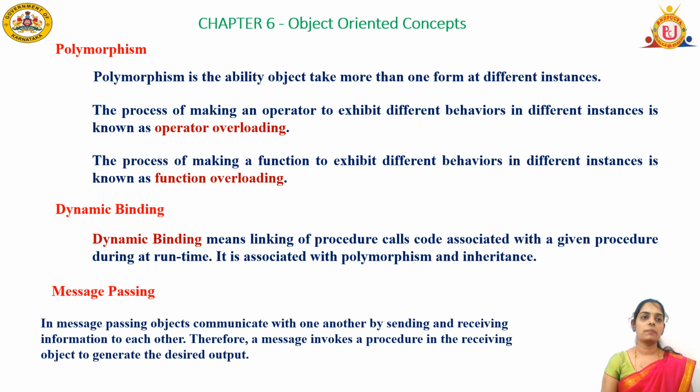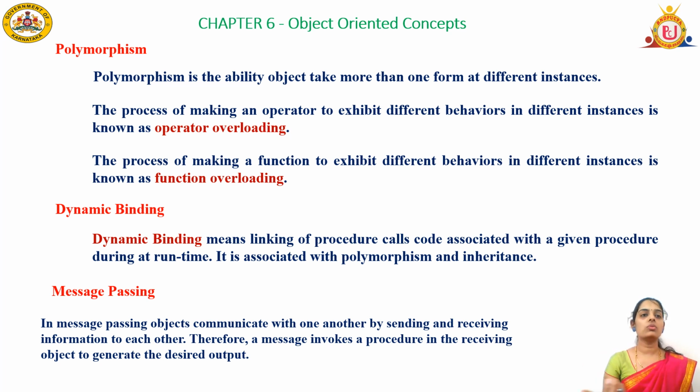Next one is message passing. In message passing, objects can communicate with one another by sending and receiving information from each other. Therefore, a message invokes a procedure in the receiving object to generate the desired output.